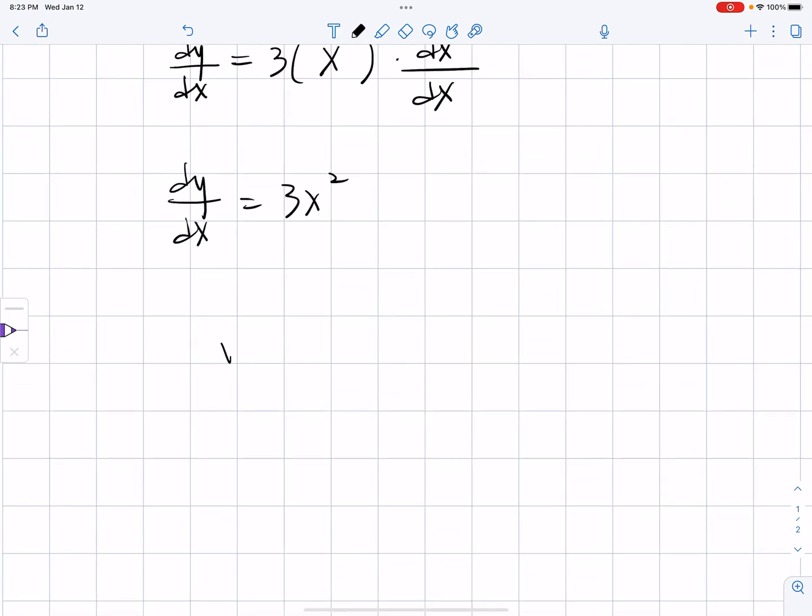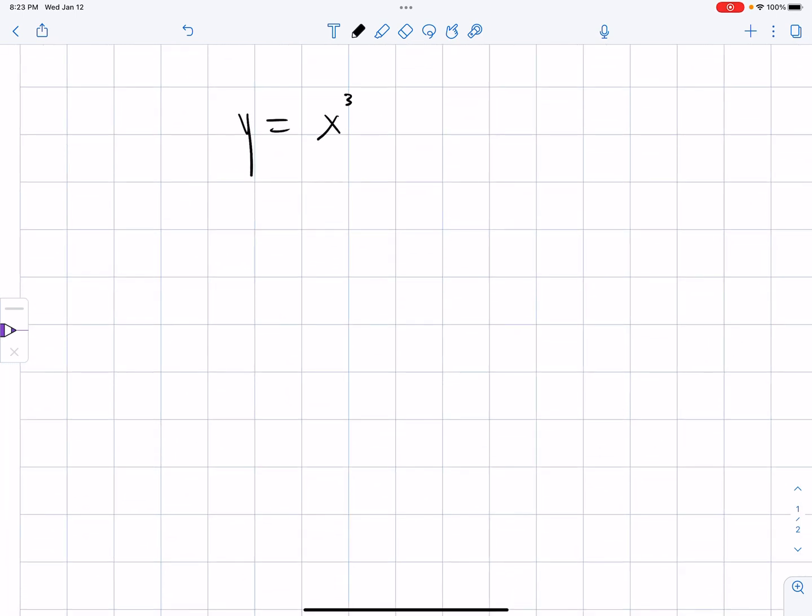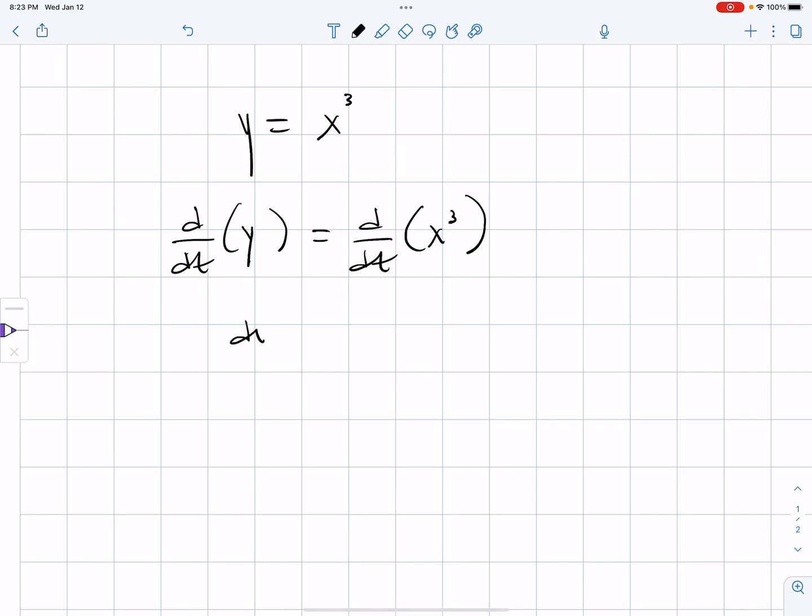Like if we took that same equation and thought about differentiating with respect to t, we would have to use implicit differentiation. On the left-hand side, the derivative of y with respect to t would be dy over dt.